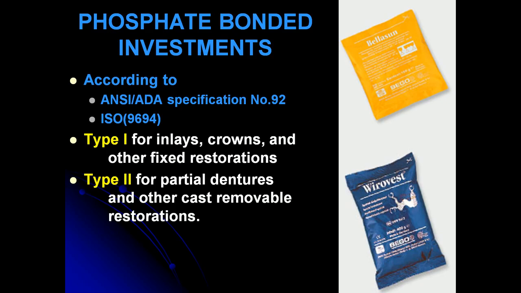Before moving to another slide, I have some important points regarding the phosphate bonded investment. Please note it down that magnesium oxide and monoammonium phosphate act as binder. I repeat, magnesium oxide and monoammonium phosphate act as a binder in phosphate bonded investment.